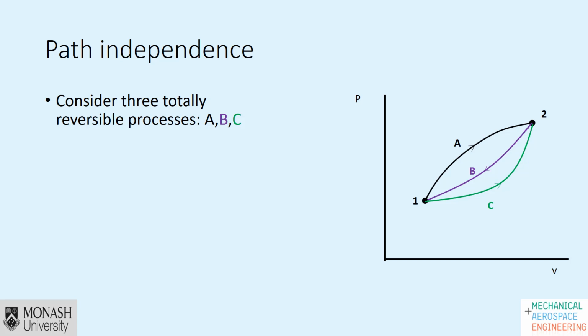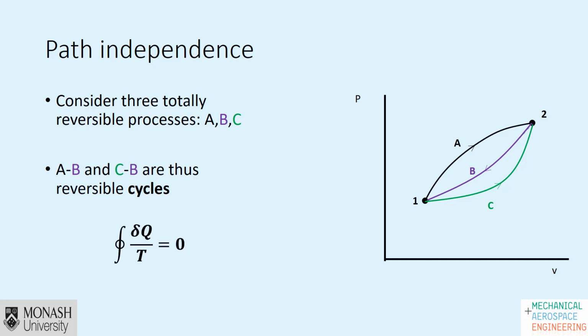This means then that since all of these processes are totally reversible, if we follow path A from point 1 to point 2, and then B from 2 back to 1, this is a totally reversible cycle, and likewise if we move along path C and then along path B, that is also a totally reversible cycle. And from the equality in the inequality of Clausius, we can therefore say that for AB or CB, the cyclic integral of the heat transfer divided by the temperature must be equal to 0.